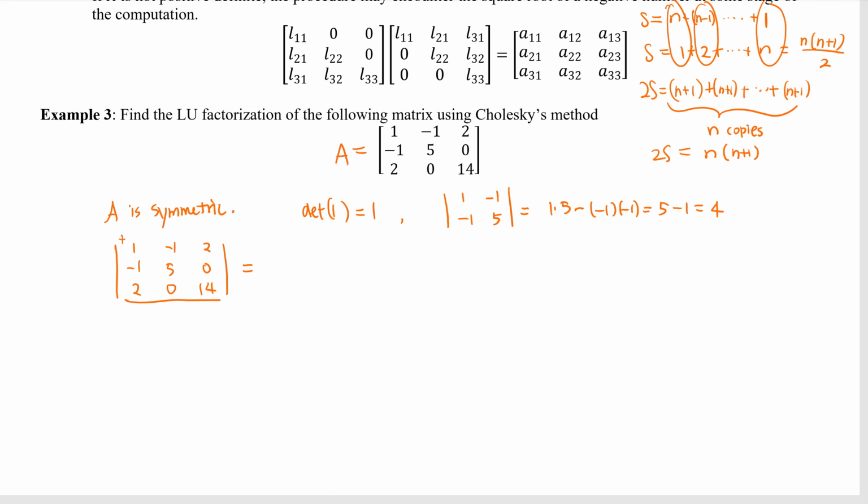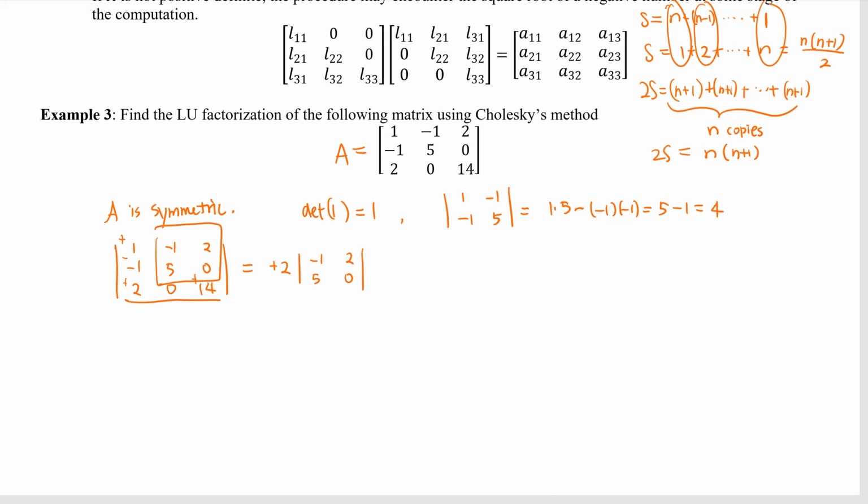The sign of the 1 entry is always positive, and then it alternates: negative, positive, negative, positive.